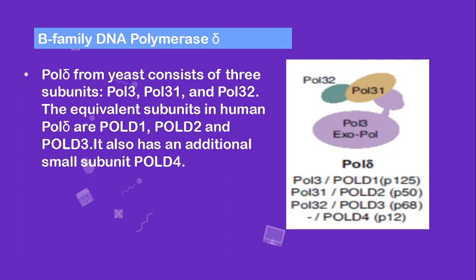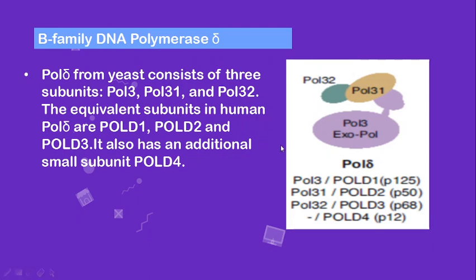In humans it has an additional subunit called POLD4, whereas in the yeast cell it has three subunits: POL3, POL31 and POL32.